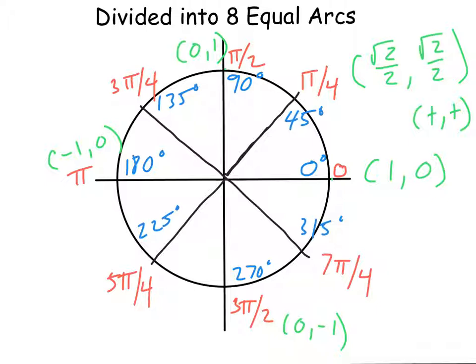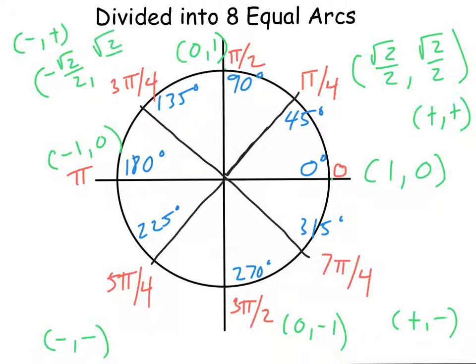All that changes over here in quadrant 2 is x coordinates are negative. Down here they're both negative in quadrant 3, and then over here in quadrant 4 the x is positive and the y is negative. So now let's jump over to 135 degrees, and I've got its cosine and sine values, same two numbers.